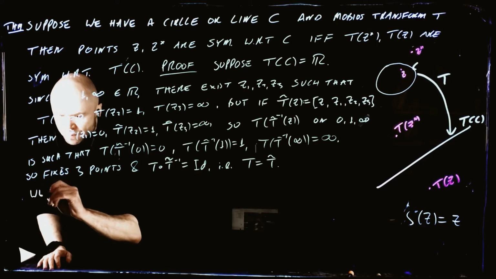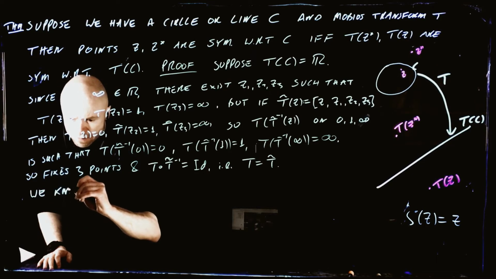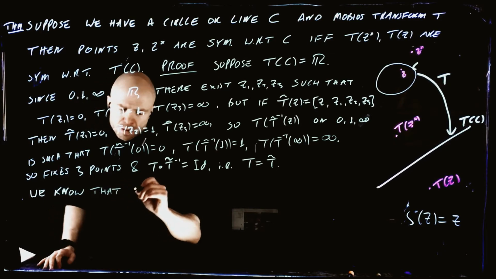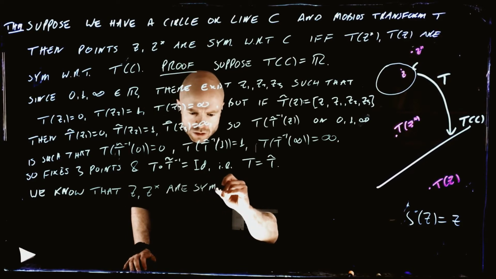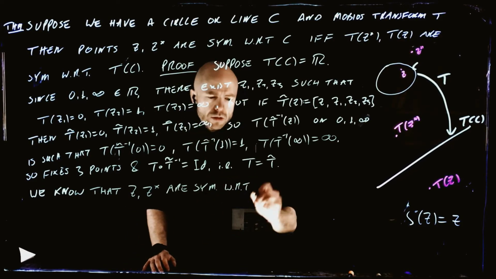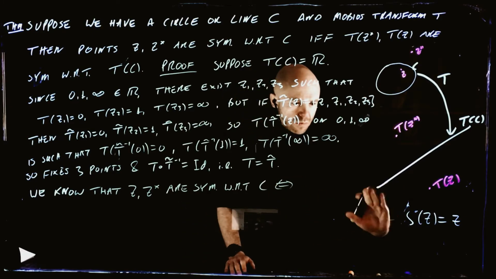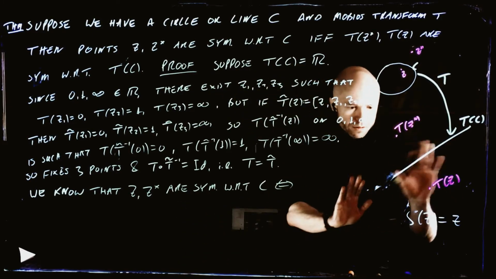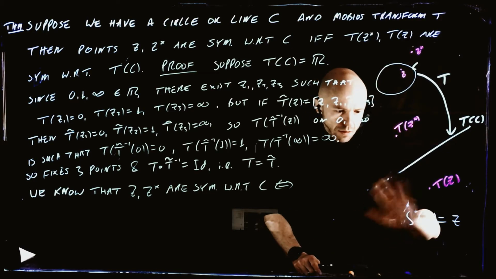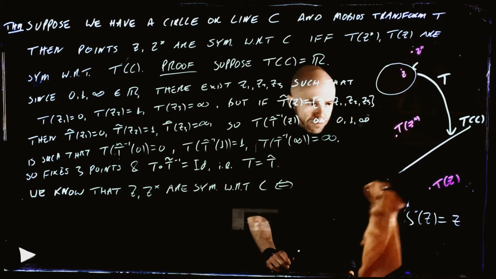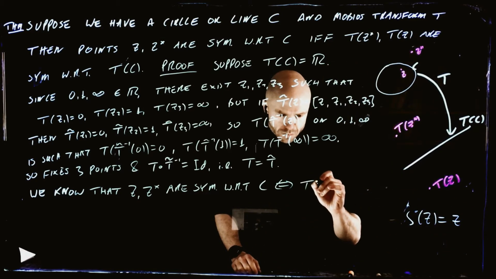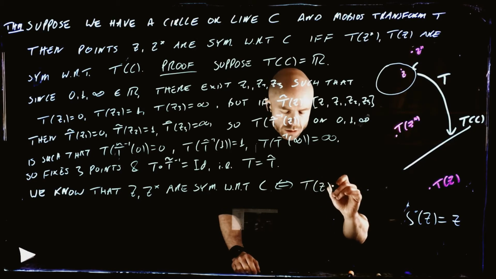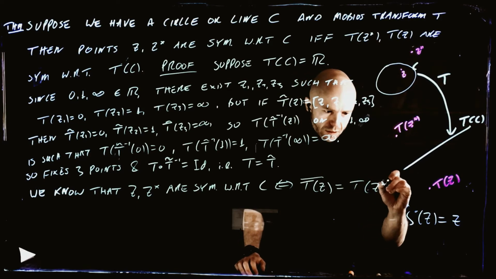So we know that Z and Z star are symmetric with respect to C if and only if T of Z bar equals T of Z star, like this.